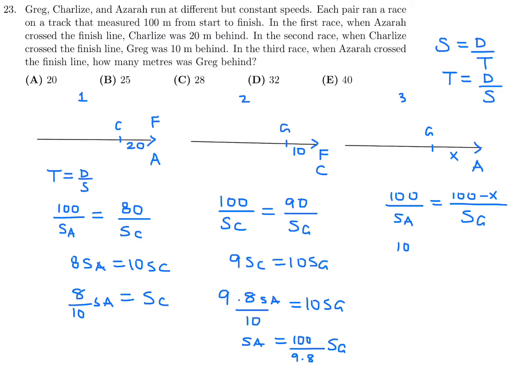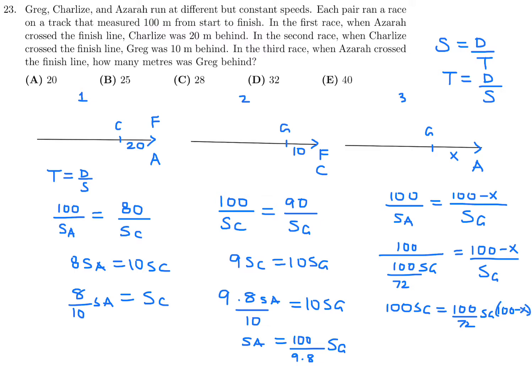So I got 100 over 100 over, what's that, 72, 9 times 8? 72 SG is equal to 100 minus X over SG. Invert and multiply, or cross multiply actually. 100 SG is equal to 100 over 72 SG times 100 minus X. And then the hundreds cancel, and so do the SGs, interestingly.